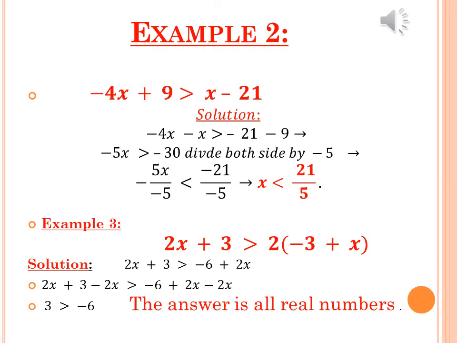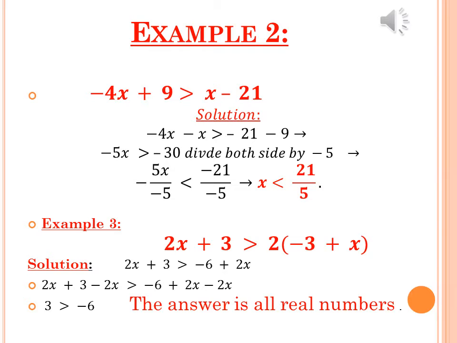Divide both sides by 5. So 30 over 5 greater than 5x over 5. So here 6 greater than x, the same as 6 greater than or equal to x. 6 greater than x means x less than 6. It's the same way. We can say it like that or that.